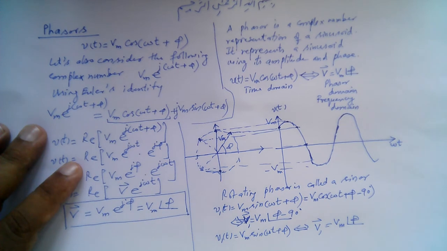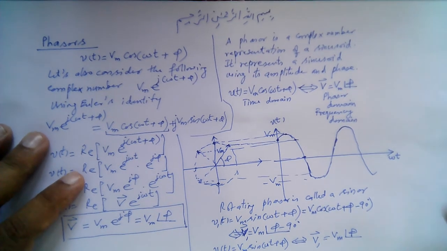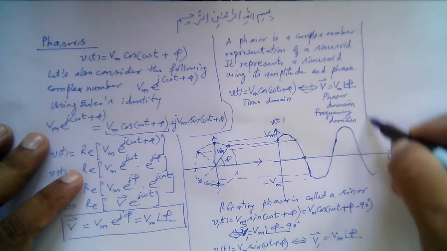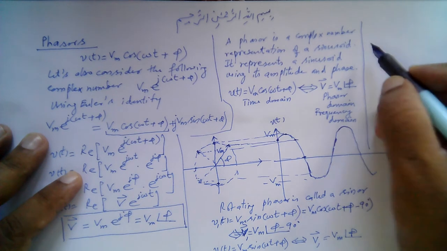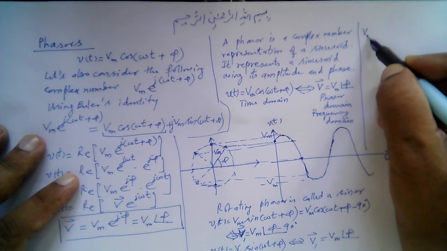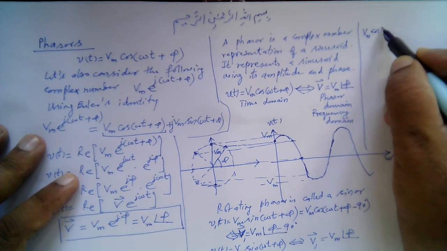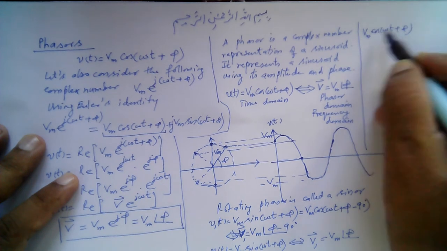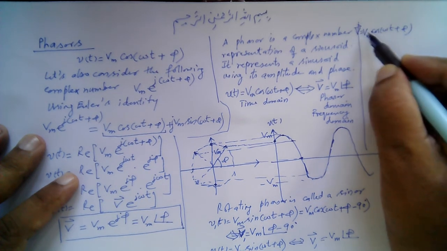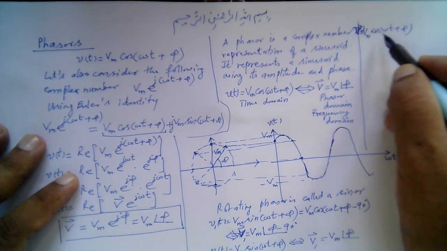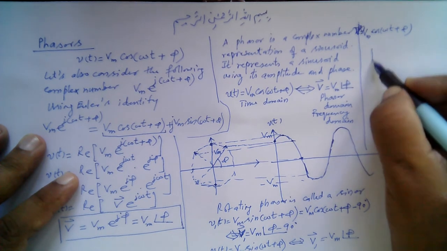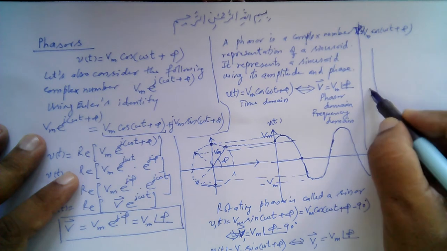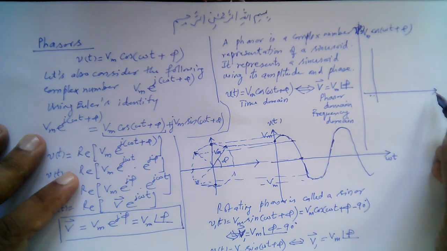Another important and related topic is the phasor diagrams. So we can represent a phasor using a phasor diagram also. For example, if we have this function v(t) is equal to Vm cos omega t plus phi, using a phasor diagram, it can be represented like this.